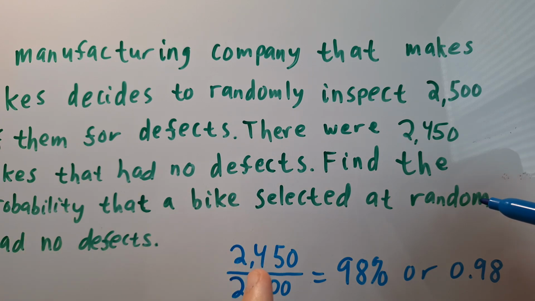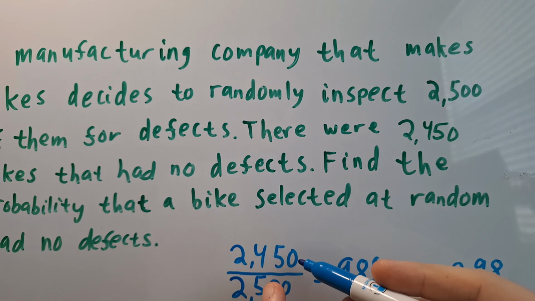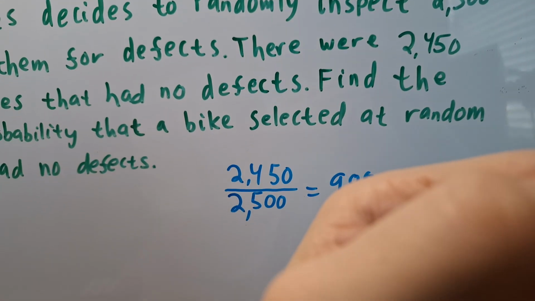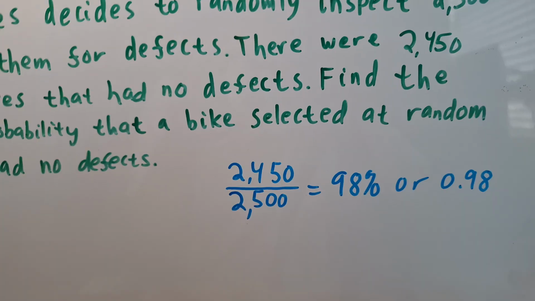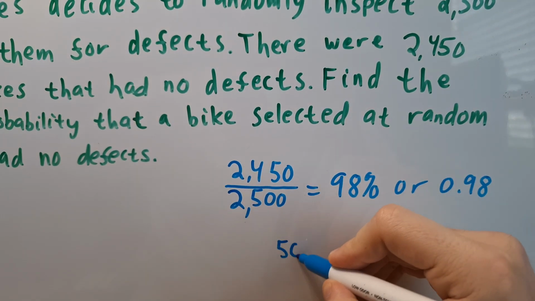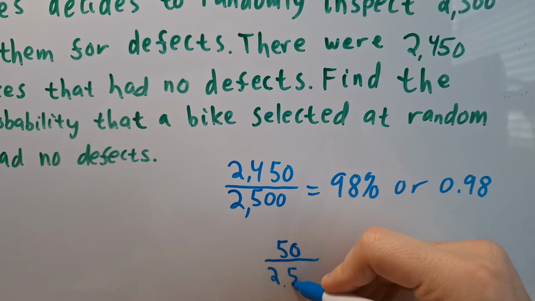So I'll add something to this problem. If 2,450 of those bikes did not have defects, that means that its complement would be the remaining 50 of those 2,500.